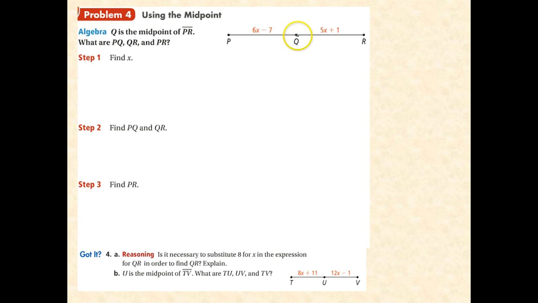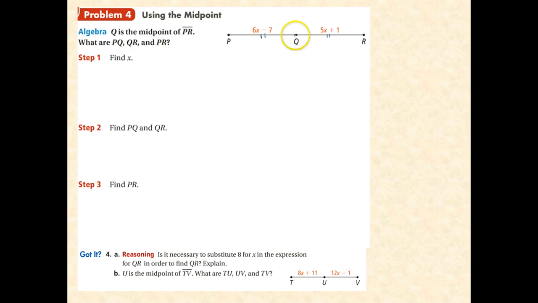So we know that Q is the midpoint of segment PR. What are PQ, QR, and PR? I'm going to make a little notation that says this is congruent. PQ is congruent to QR. We need to find out what X is so that we can plug in and find all these segment values. Well, how are we going to find out what X is?